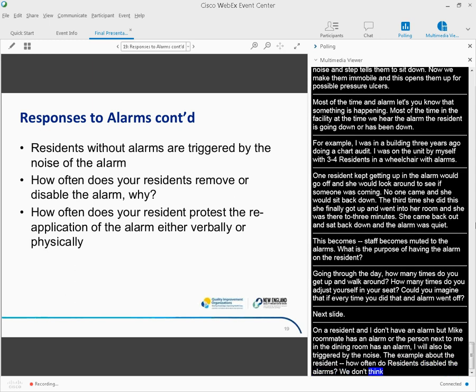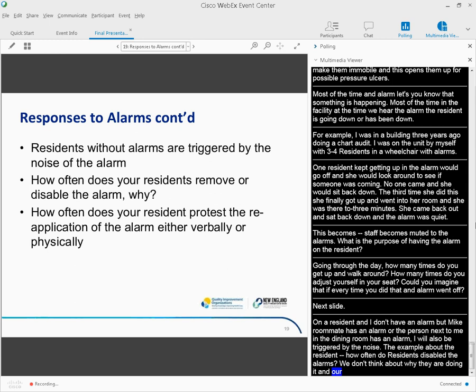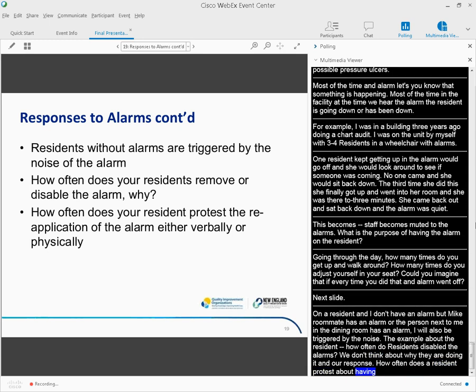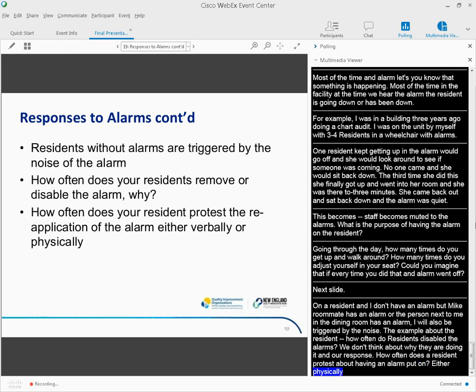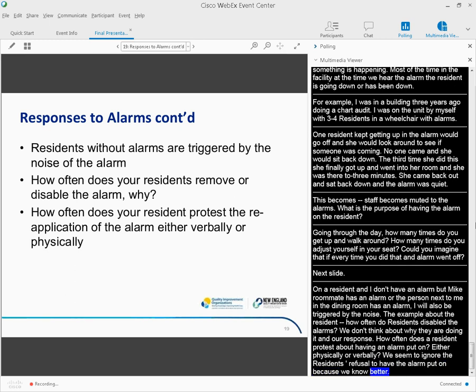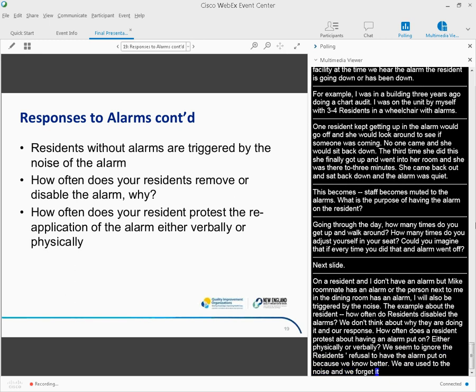How often does your resident protest to having the alarm put on, either physically or verbally? And we seem to ignore our residents' refusal to have the alarm put on because we know better. We get so used to the noise that we even forget that it's going on. So think about why you are using the alarms that you use on your residents.